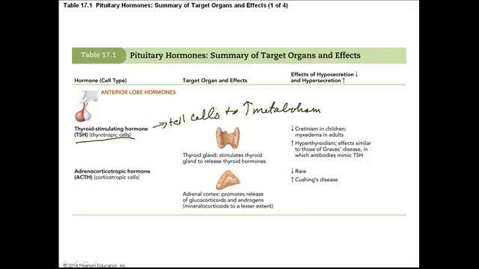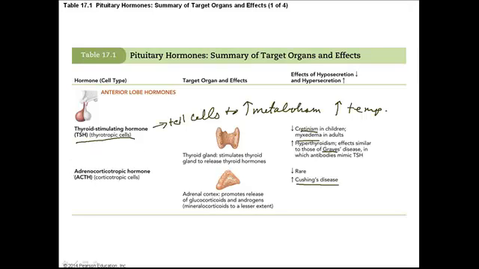And the biggest reason to increase metabolism is to increase temperature, body heat. Okay? So if you have too little thyroid, you can get cretinism in children or myxedema in adults. Too much, you can get Graves' disease. And a very rare is Cushing's disease.